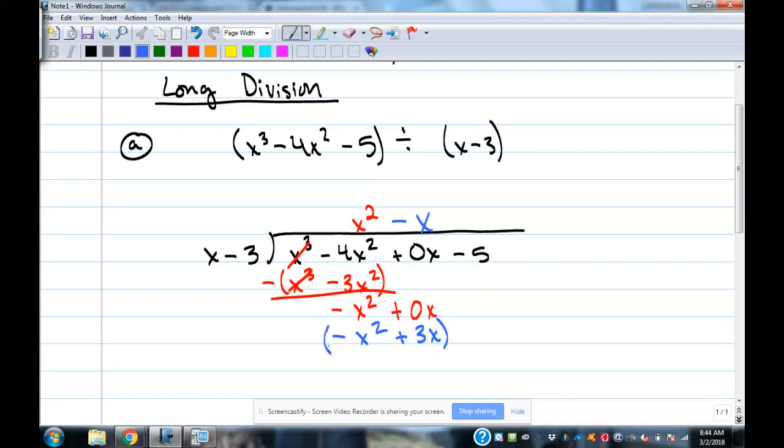And again, we're subtracting that. So negative x squared minus a negative x squared cancels out, which is what we want to happen. And then 0 minus positive 3x is negative 3x. And then bring down the minus 5.